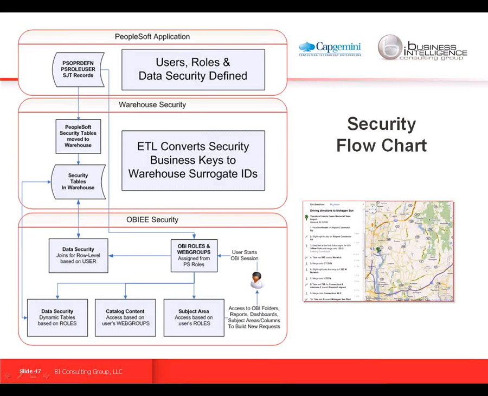And then to make those more efficient, we have to convert those business keys, such as department ID or business unit, to those warehouse surrogate IDs, and then our joins are based on that.